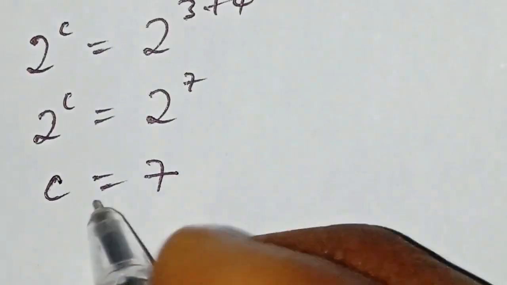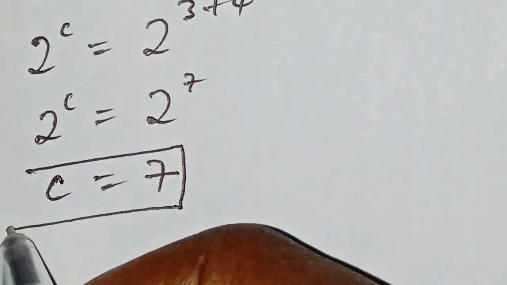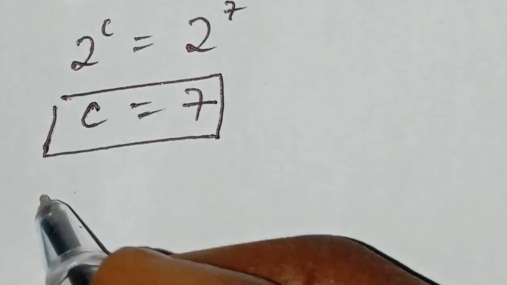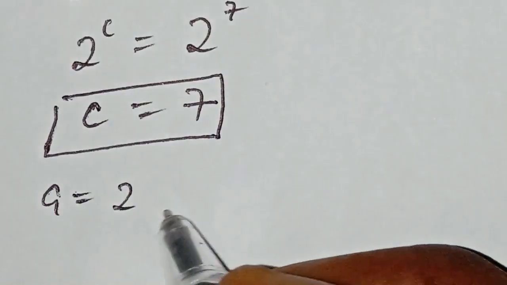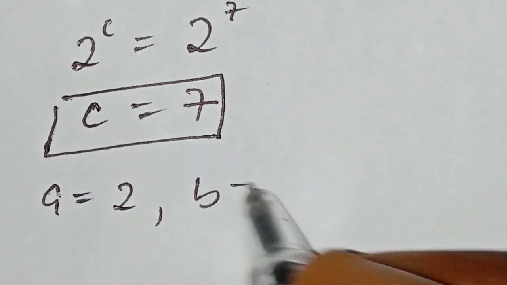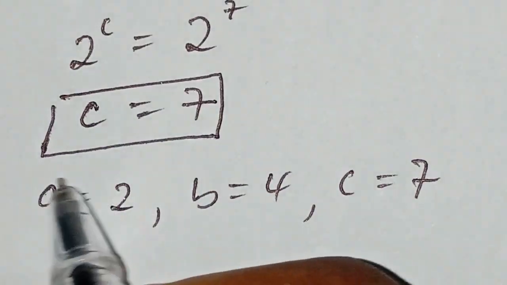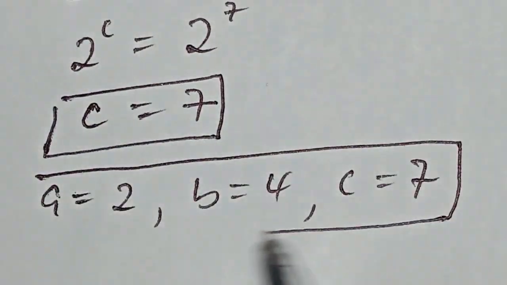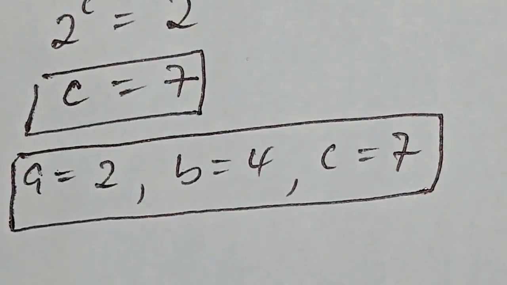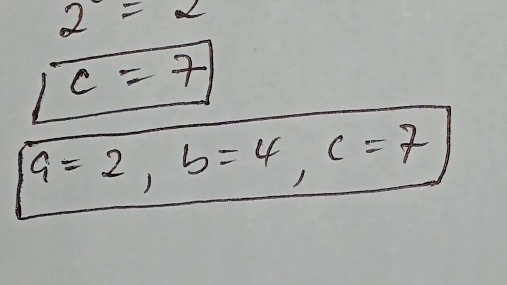So this implies that our c equal to 7. So this implies that the value of a equal to 2 and b equal to 4, then c equal to 7, as the required value they ask us to find for a, b, c.